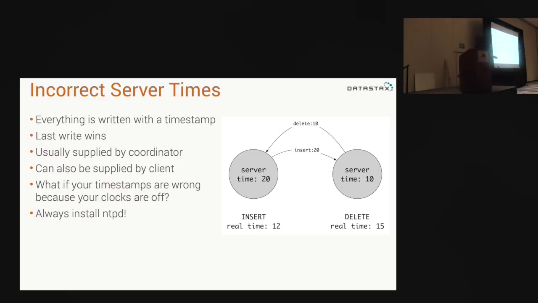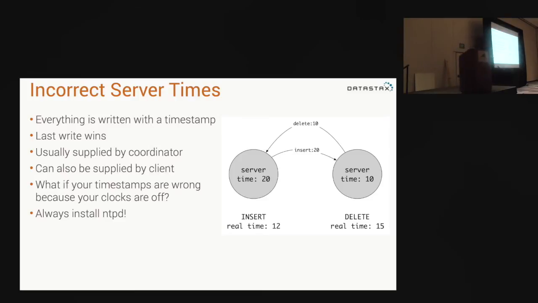This is an attempt at visualizing what can happen when your server times are wrong. Let's say we have our first server, and at real clock time 20, our server is 8 seconds ahead, so it's just wrong. A mutation comes in, and it's an insert. It's going to get a timestamp of 20.